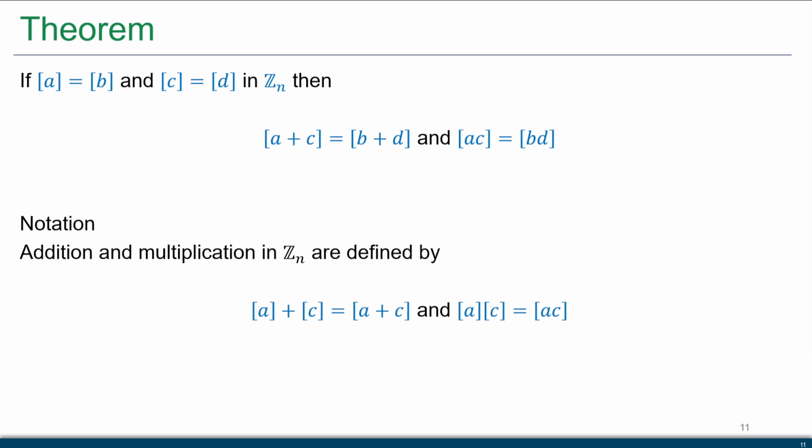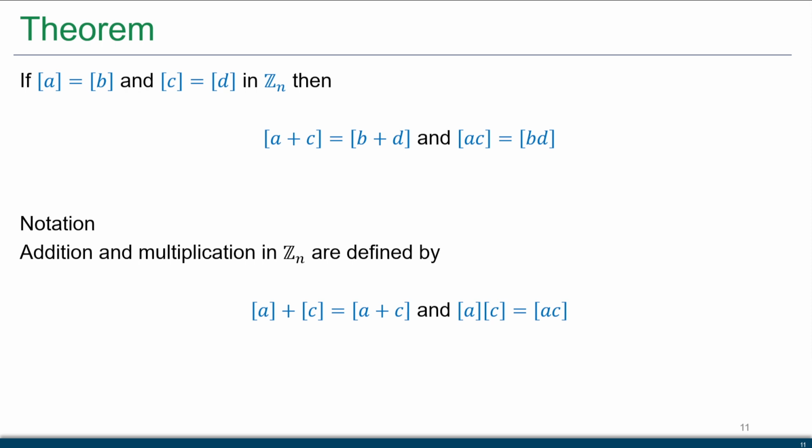If I have two congruence classes of a and b and they're equal to one another, so that's the sets of everything with remainder a and everything with remainder b, and the same idea for the congruence class of c and the congruence class of d, all in Z mod n, then what is true is that if I treat these as equalities, I can add my left-hand side and add my right-hand side, and the statement is still going to be true in Z mod n.